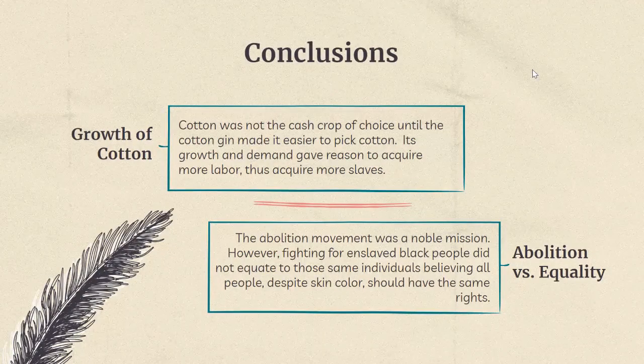Keep in mind what abolition or an abolitionist, a person who believes in abolition, is doing: they are fighting against slavery. They think the institution is wrong and they're trying to overturn that institution. That is specific to slavery, not equality.